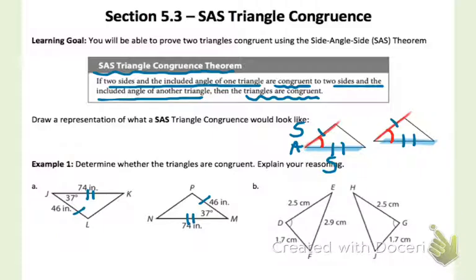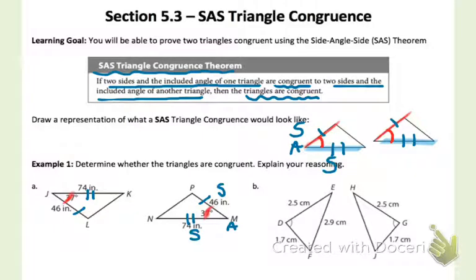In the triangle over to the left, we've got an angle that's 37, and we've got a 37-degree angle in this triangle. In both triangles, they're in the same position. We've got the two sides and the angle that they form. So that would be SAS.